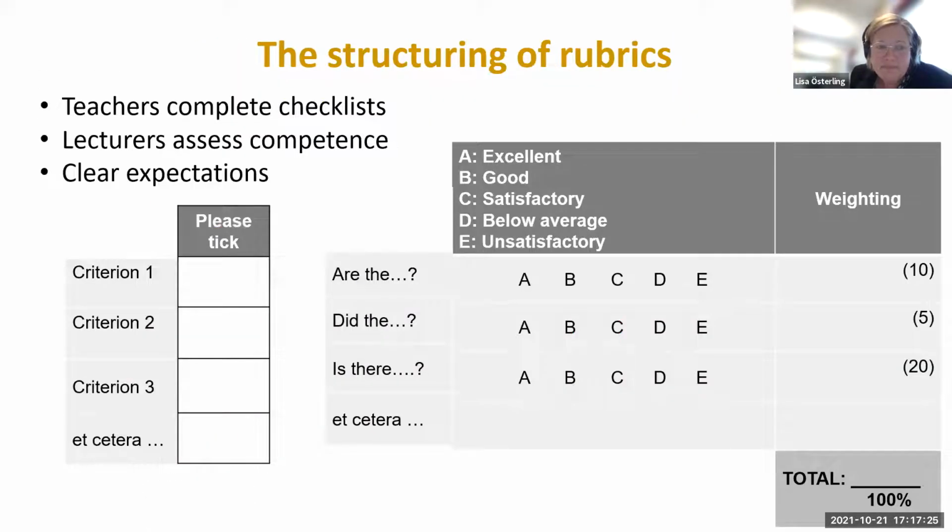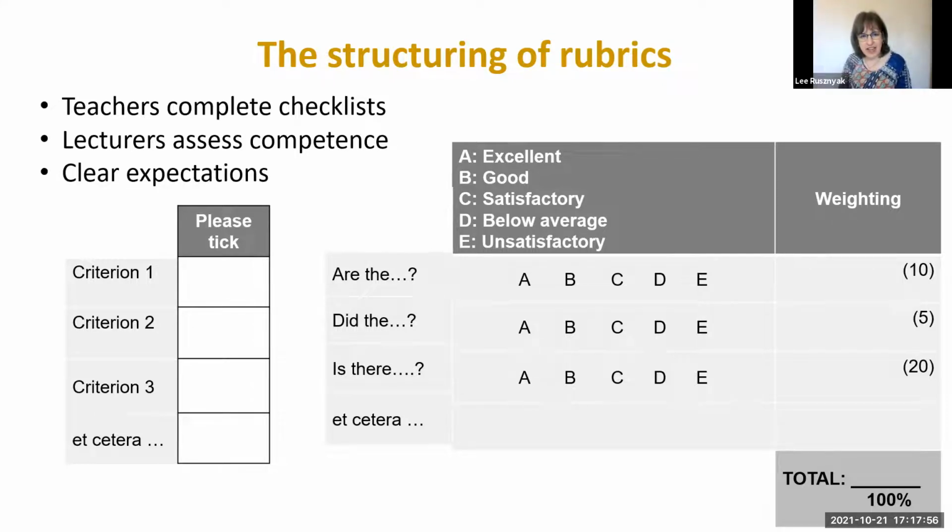So this message of compliance also manifested in how the rubrics were structured. We saw rubrics that were simply a checklist. Tick this. And so the role of the assessor is to check compliance. Again, we saw rubrics very similar to what we had in the last example.